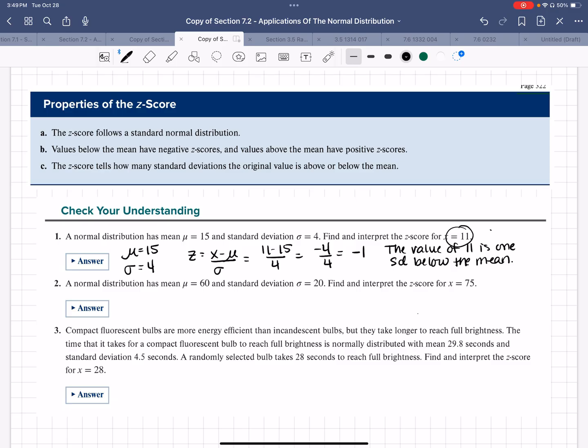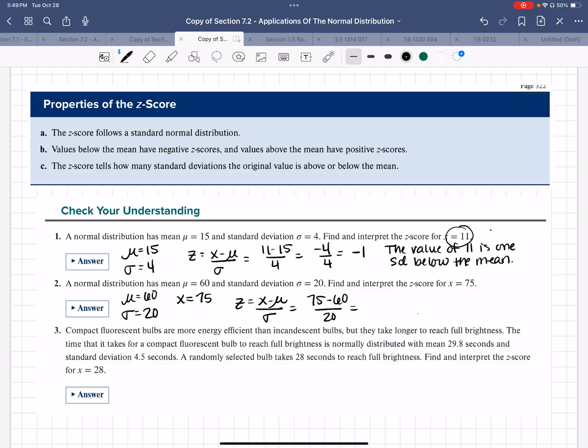If I look at number 2, it says a normal distribution has a mean of 60 and standard deviation of 20. We want to find and interpret the z-score for x equals 75. So z equals x minus mu over sigma, which gives me 75 minus 60 all over 20.